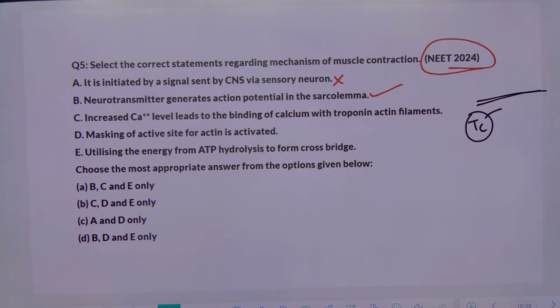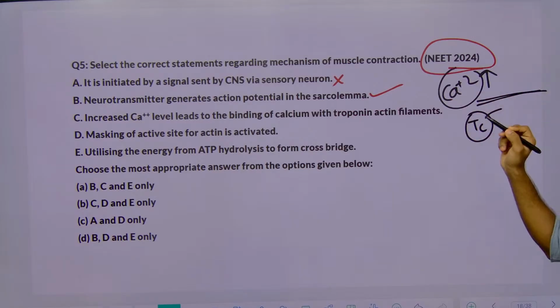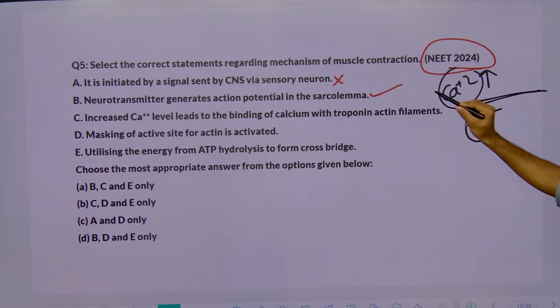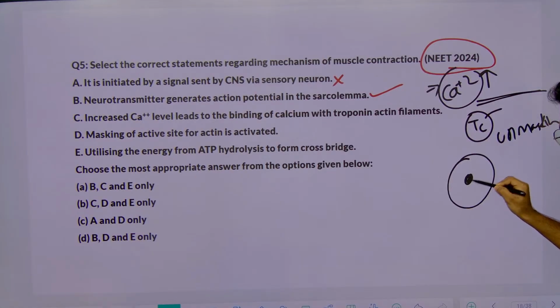So masking of active sites for actin is activated. Here it is the wrong statement. Whenever there is a calcium level increase, which means the activation of muscle contraction, what happens with the increased level of calcium? There will be unmasking. So all the sites get exposed, that is called unmasking. Masking is nothing but what?